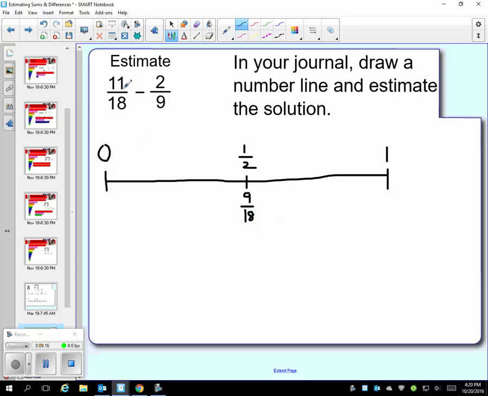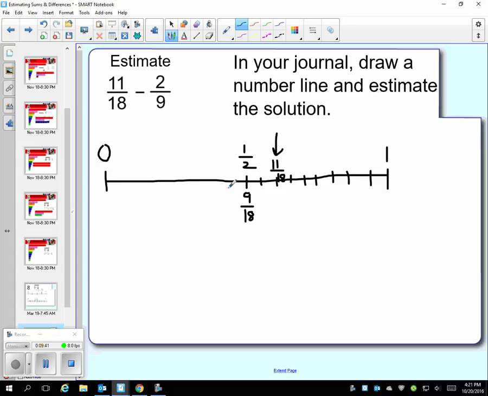So 11/18 will fall somewhere like right in here, I would think. So like this is probably 10, this is probably 11. So this is 11/18. And I know that this would be like 12, 13, 14, 15, 16, 17. So you can see that 11/18 falls right here on the number line.